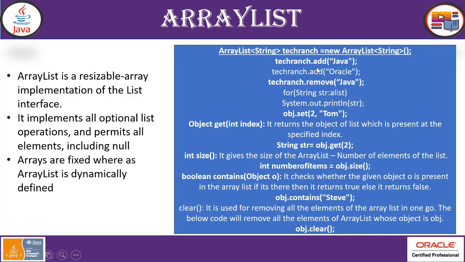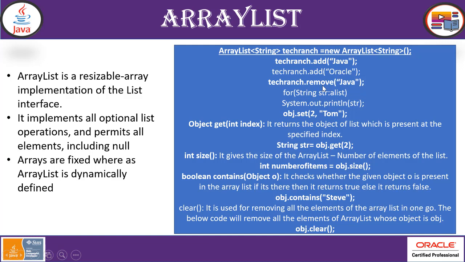Now we are going to add strings with the help of the add method. You don't have to traverse the entire list, and you don't have to define the size of the list. All you need to do is call the add method on your list and keep adding your elements. So this is the benefit of ArrayList.